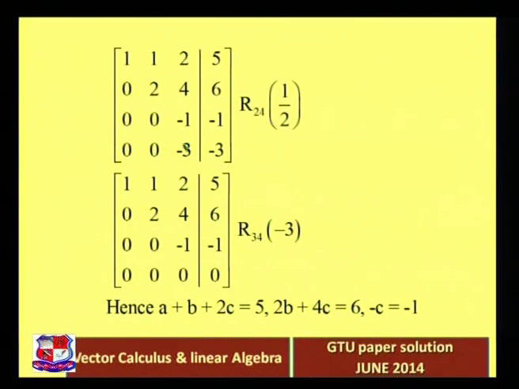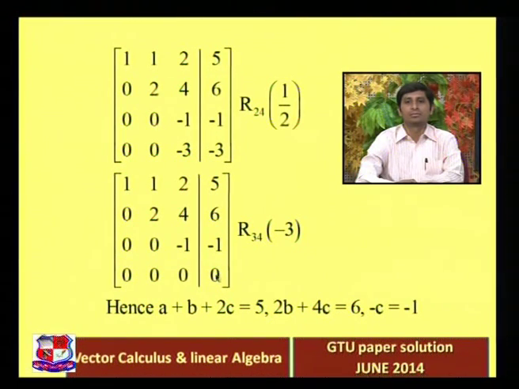Below that leading entry we want 0 here, so that's why we are multiplying the third row with minus 3 and adding into the fourth row. So 0 0 minus 1 minus 1. When we multiply the third row with minus 3 and add into the fourth row, the fourth row becomes 0 0 0 0.